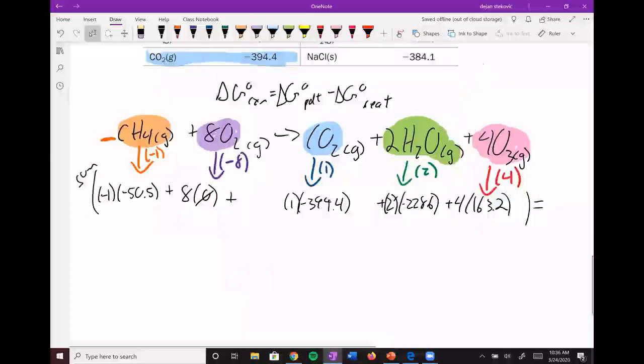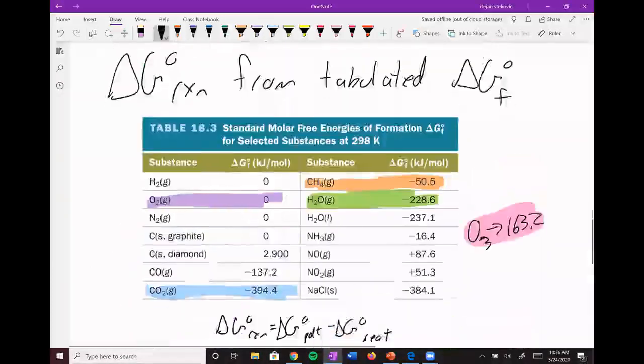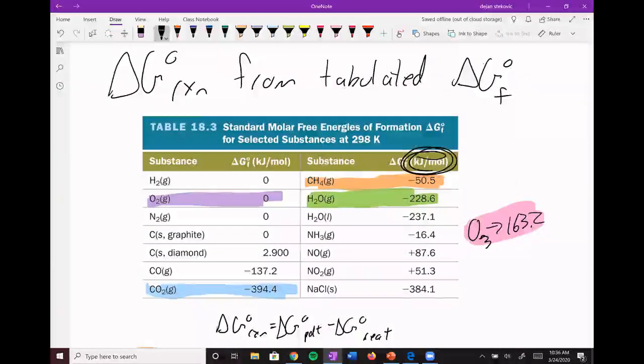Sum all that up and you get a final numerical answer of -148.3 kilojoules, right? Think about the units here.